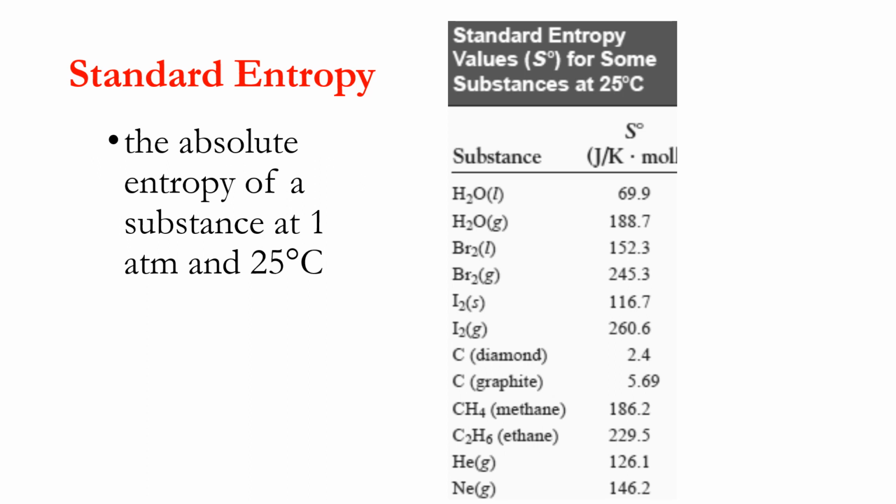For diamond and graphite, the atoms in diamond are more orderly than those in graphite. Therefore, the disorder of carbon atoms is higher in graphite than in diamond. More orderly in diamond, more disordered in graphite, and therefore a higher entropy value for graphite.